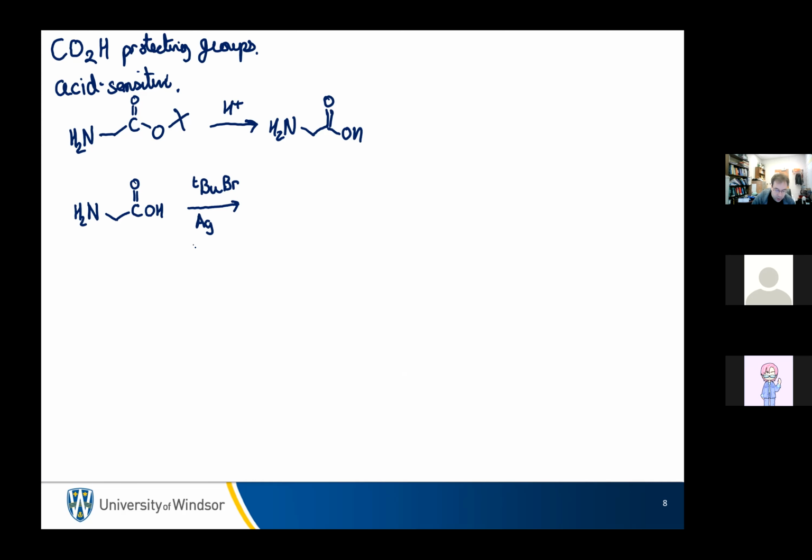That's the general conditions. So you've seen silver bromine chemistry in the carbohydrate stuff, so unsurprising, silver's pulling the bromine off, which leaves you with the tert-butyl cation, which then gets trapped by the carboxylic acid. So I guess this needs to be protected, otherwise it'll react with this nitrogen, but let's just stick some sort of protecting group on here. PG, I guess, it's not phosphorus.